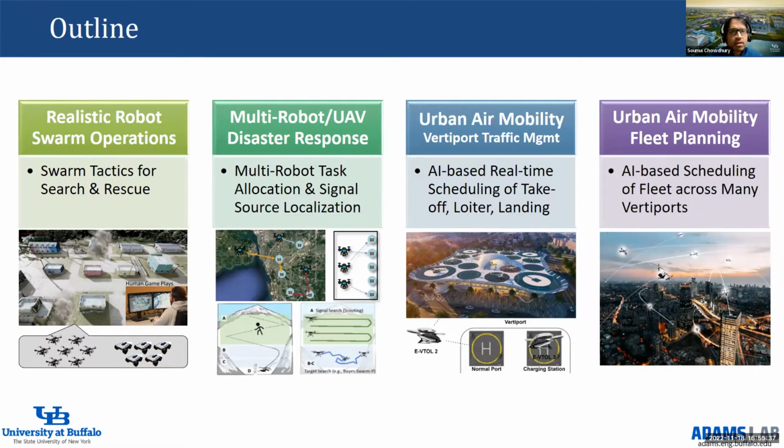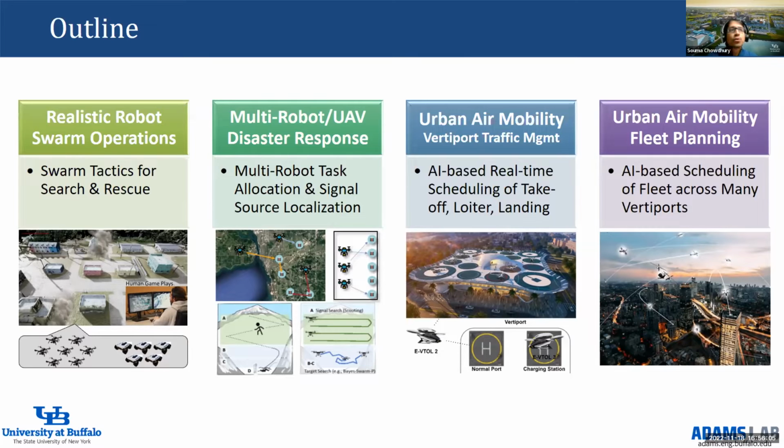So I'll cover these 4 areas of work, starting with realistic robot swarm operations. Then I'll talk about more specific multi-robot operations, for example, task allocation in a disaster scenario, or searching for signal sources to find a victim, or localizing hazards, and so on.